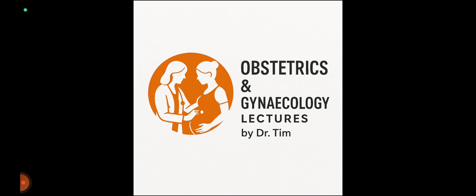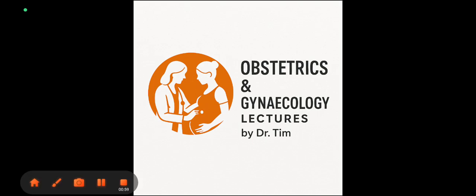Okay, so let's start with the very first topic. Let us first see the list of all the important topics of obstetrics. Okay, so these are some of the important topics.